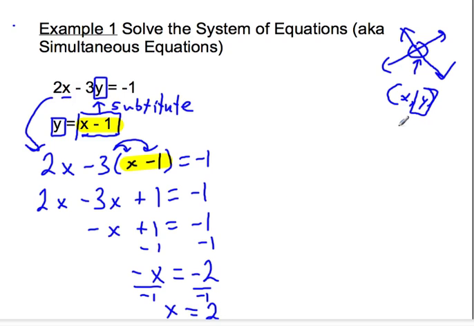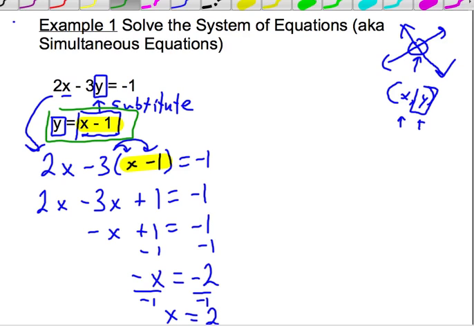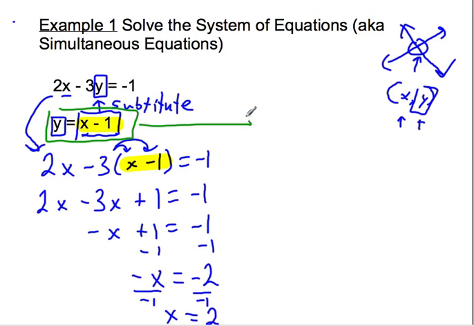So remember, at the point of intersection, we need the x and the y value. We know that the x value is going to be 2. So now we can find the y value using one of these equations. Actually, the best equation to use would be this equation right here, y equals x minus 1, because it's already solved for y.